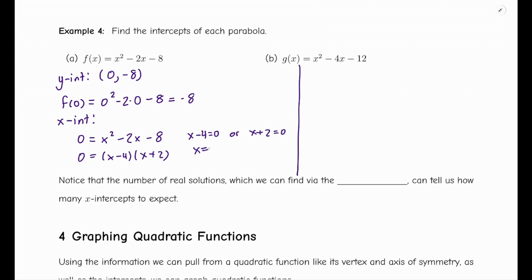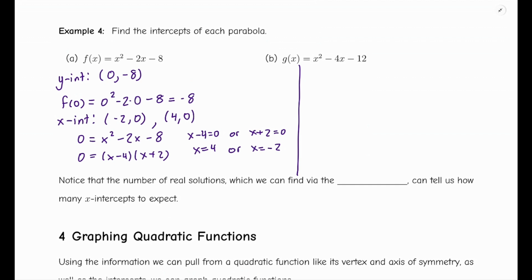So we get x equals 4, or x equals -2. So our x-intercepts are (-2, 0) and (4, 0). So notice a parabola can have two x-intercepts. That's different from a line.